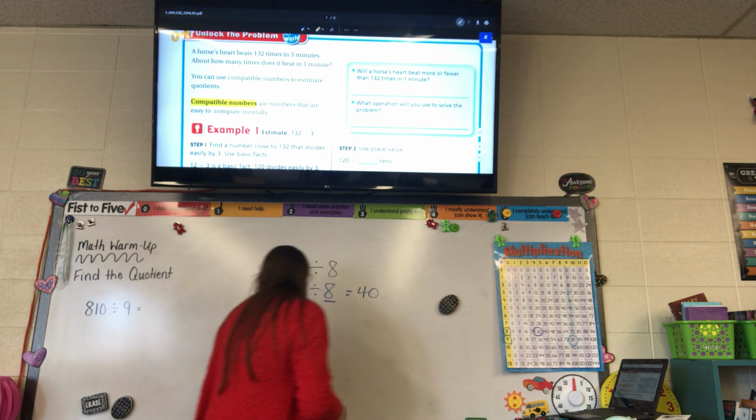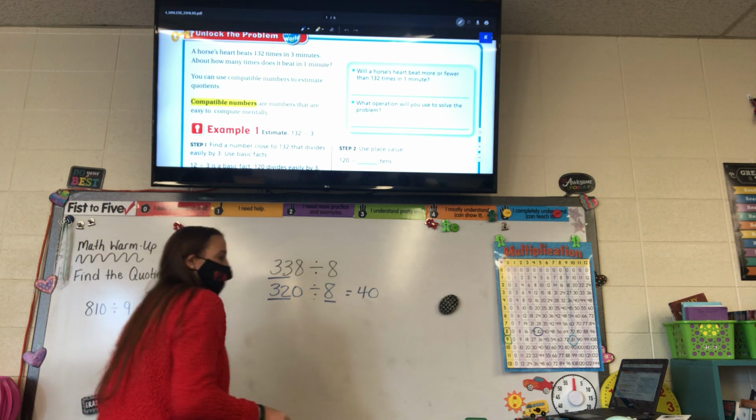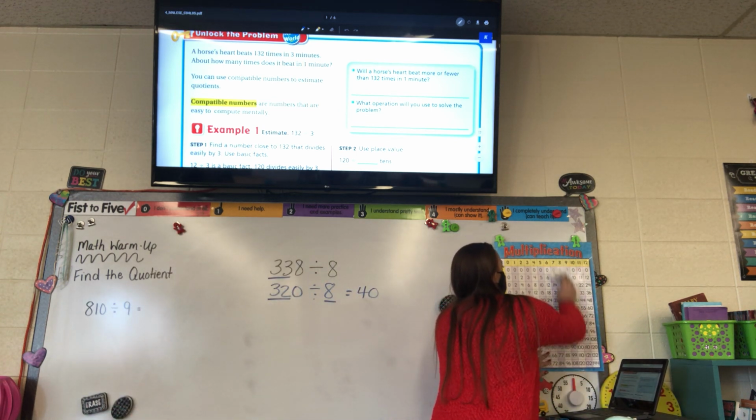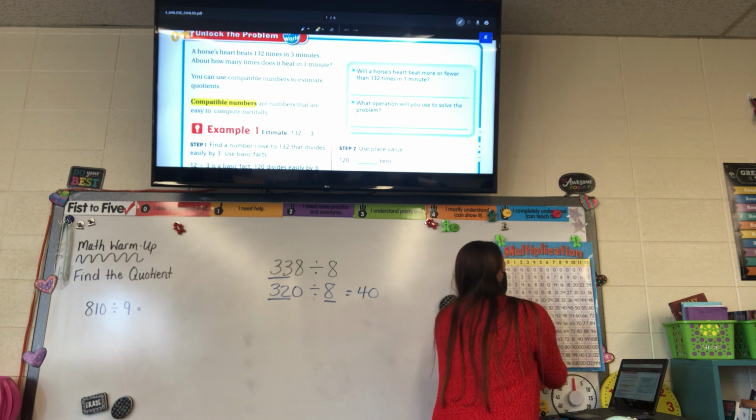I remember we kind of did the same thing in multiplication, where we would have a number and we would lower it to the closest number and drop it down. Yep.